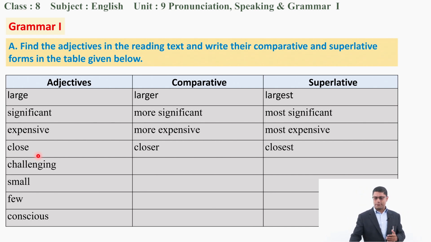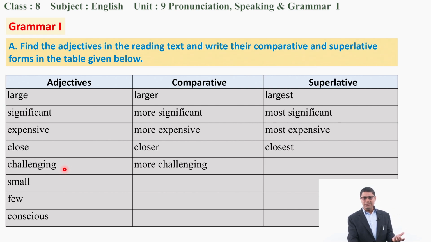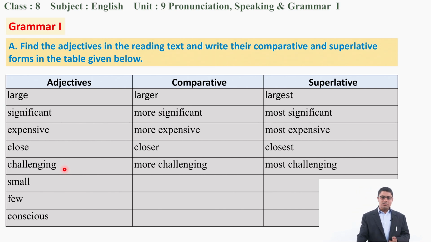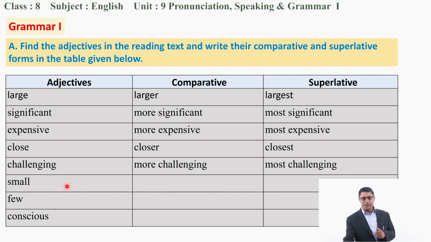Now the next word. Now I hope you'll say the right comparative and superlative forms. What's the next word? Challenging. Okay, what is its comparative? More challenging. And superlative? Very good, most challenging. Now let's move on to the next. What's the next word? Yes, it is small. So what is its comparative degree then?